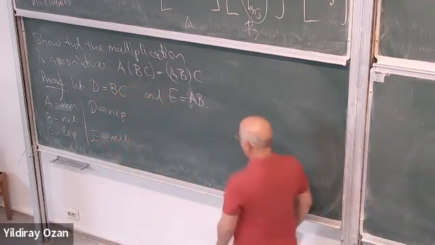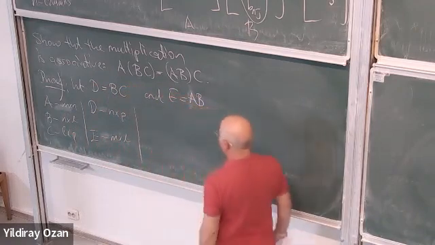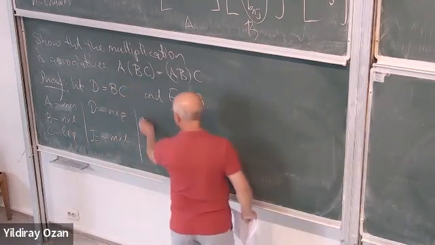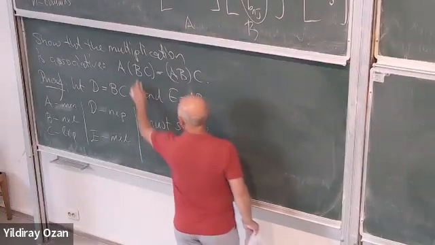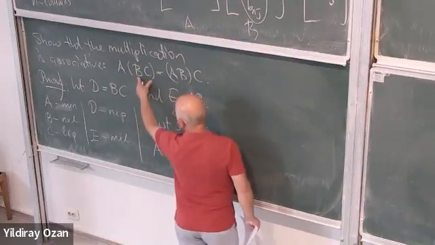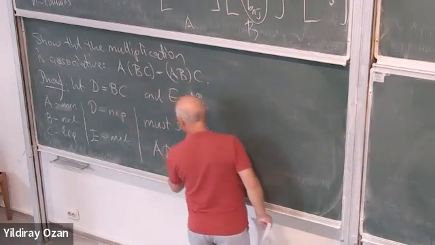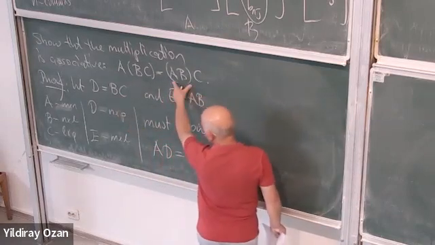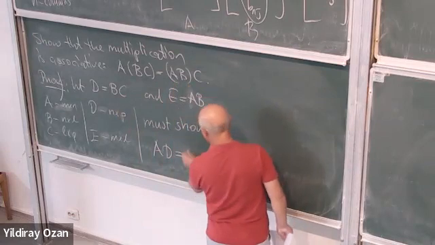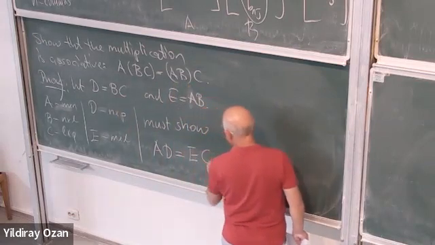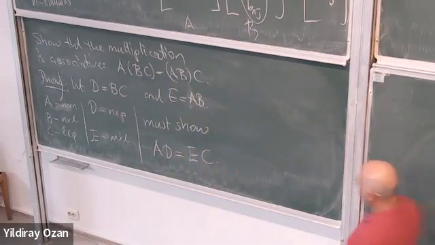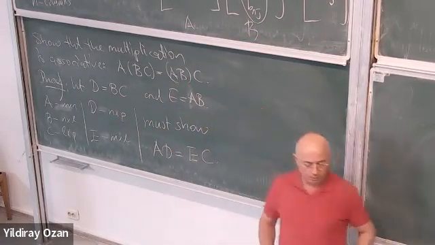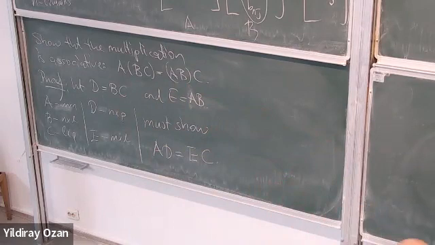What we are asked to show is this: A times BC, where BC is just D, is equal to AB, which is E, times C. So this is what we are asking. Let me just write down what these are.